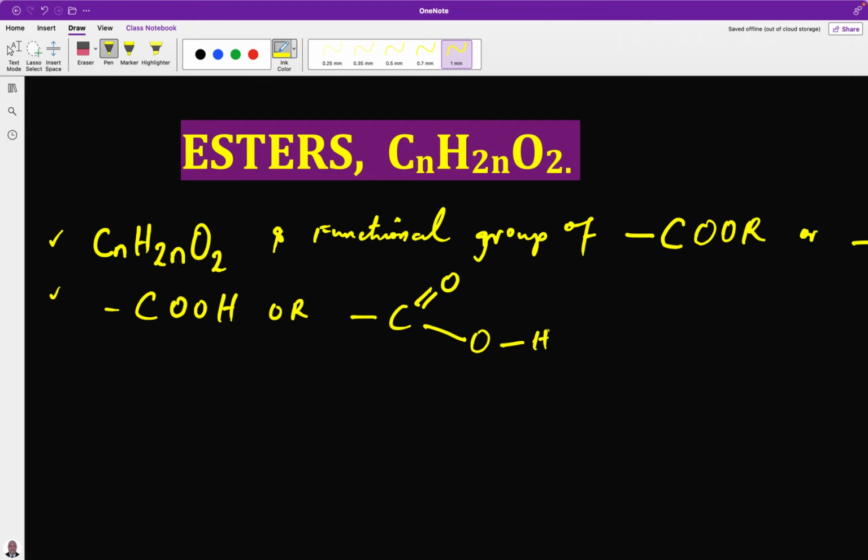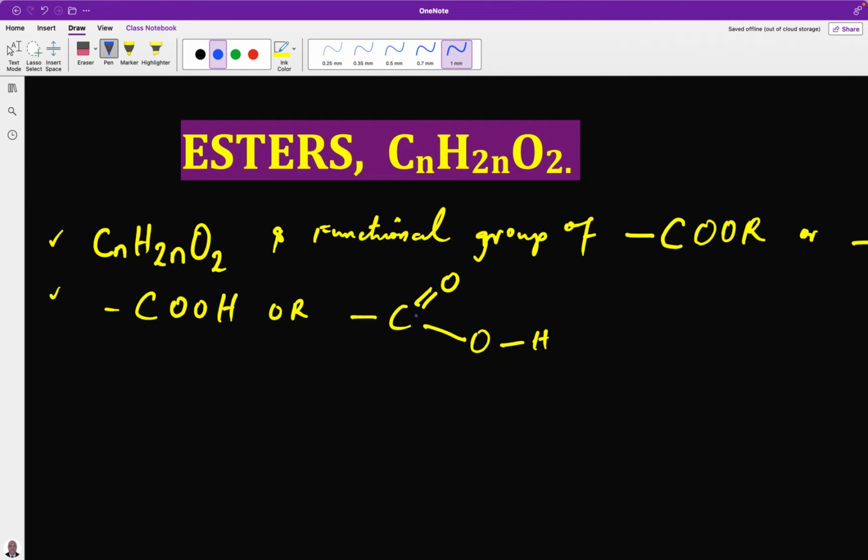And I said the hydrogen atom from the COOH group of the carboxylic acid is replaced by an alkyl group. And the alkyl group is usually provided by an alcohol.